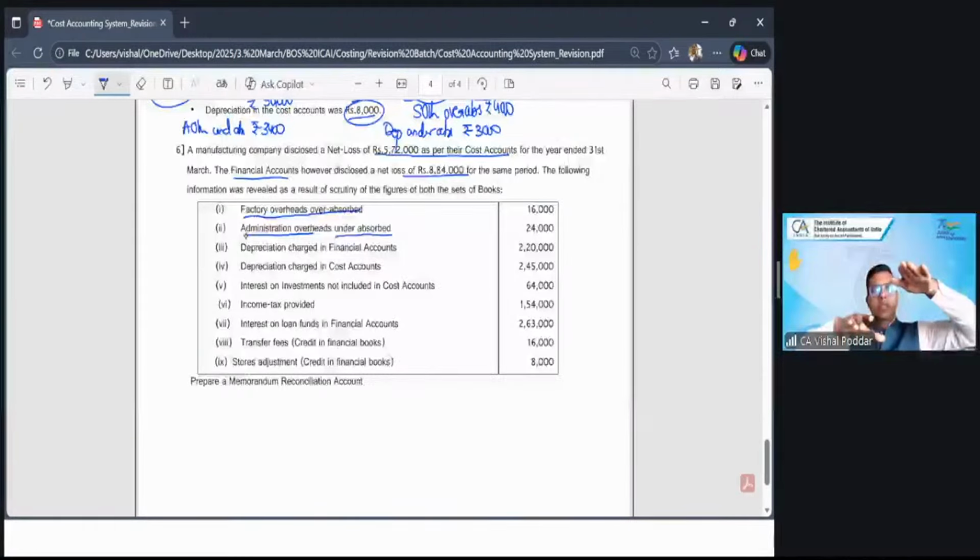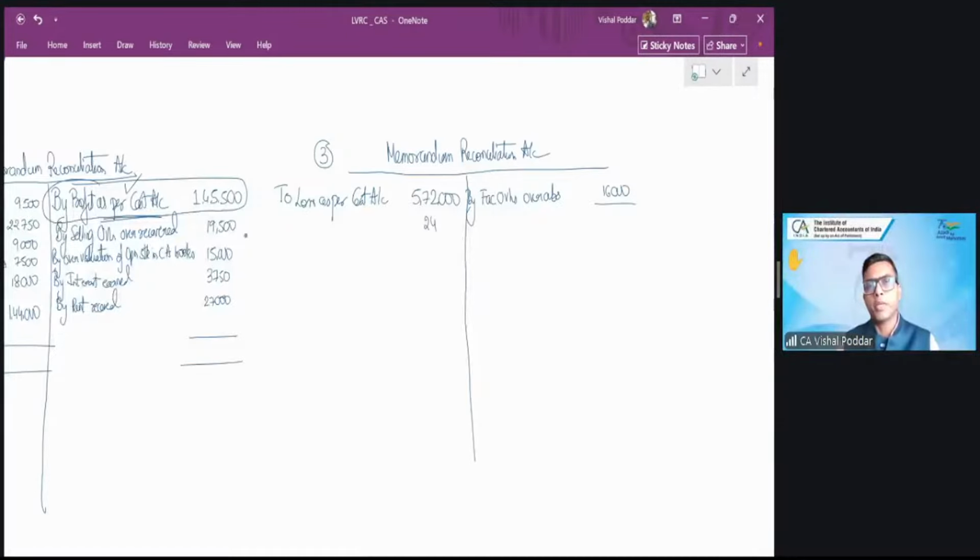So I'm having this as my difference. Now what is my starting point? Starting point is my costing, so I will climb upwards. So I will add. So 24,000 is add. For add, I'll put it on the debit side because the opening figure is on the debit side. So it will get added.